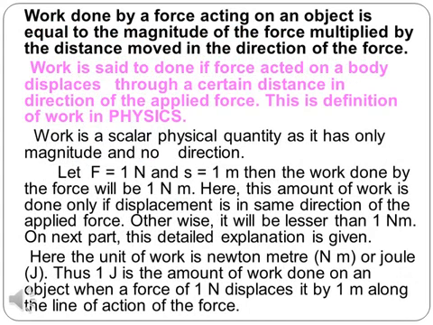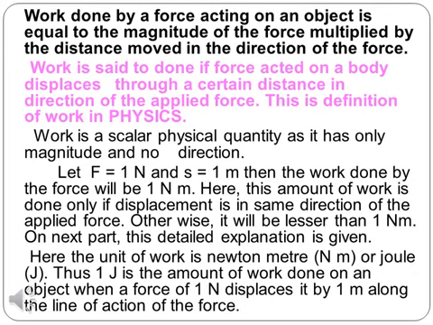You have seen that work done by a force acting on an object is equal to the magnitude of the force multiplied by the distance moved by the object in the direction of the force. So, work is said to be done if a force acting on a body displaces it through a certain distance in the direction of the applied force. This is the definition of work in physics.